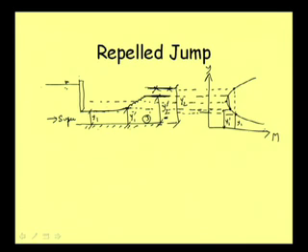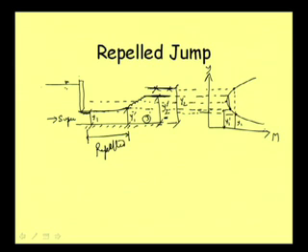And in this process, the jump has been repelled from this point to that point. Initially, of course, it may have some downward motion in this way. Suppose it should have jumped from this point, but it is not jumping from this point, rather it is jumping from a distance away from this. So this part is actually repelled.